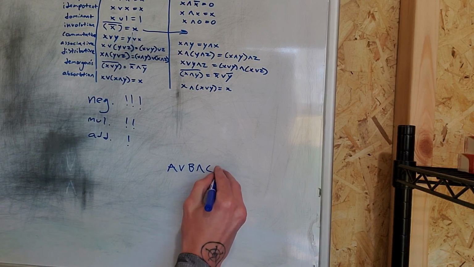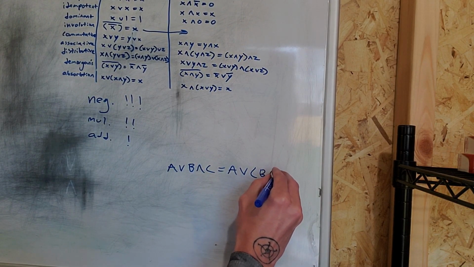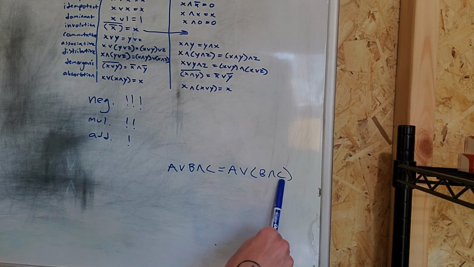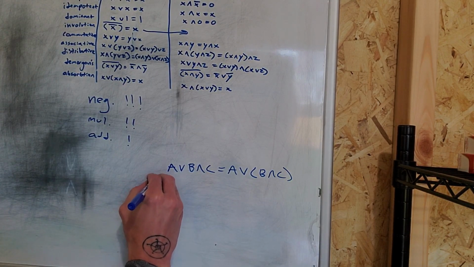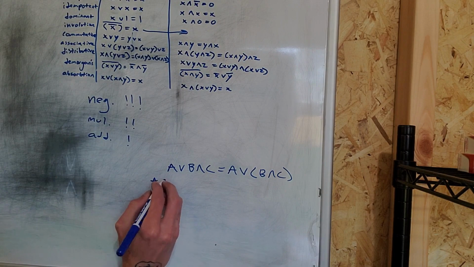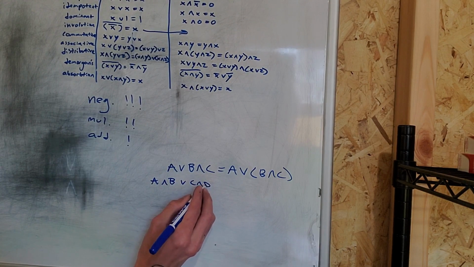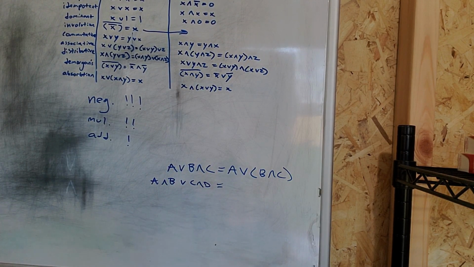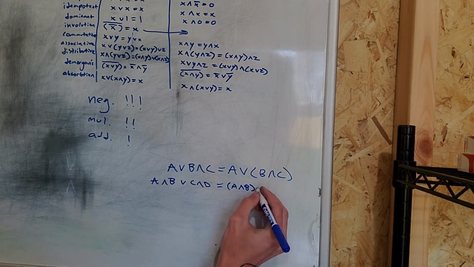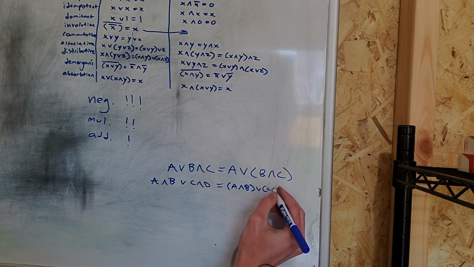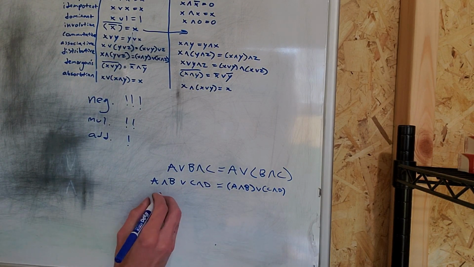You can rewrite this as A or parentheses B and C, where you would first calculate this value and then compare it with A. So next, let's say we have A and B, or C and D. This would be equivalent to A and B, or C and D.